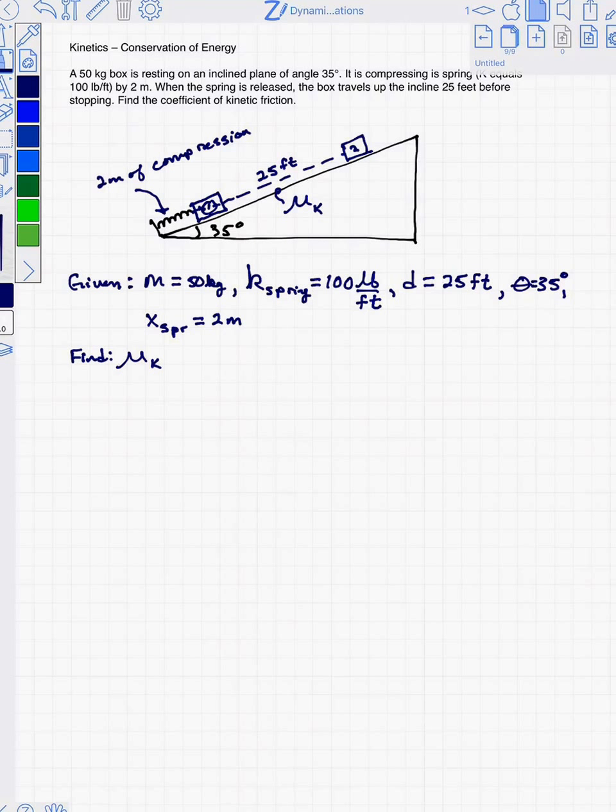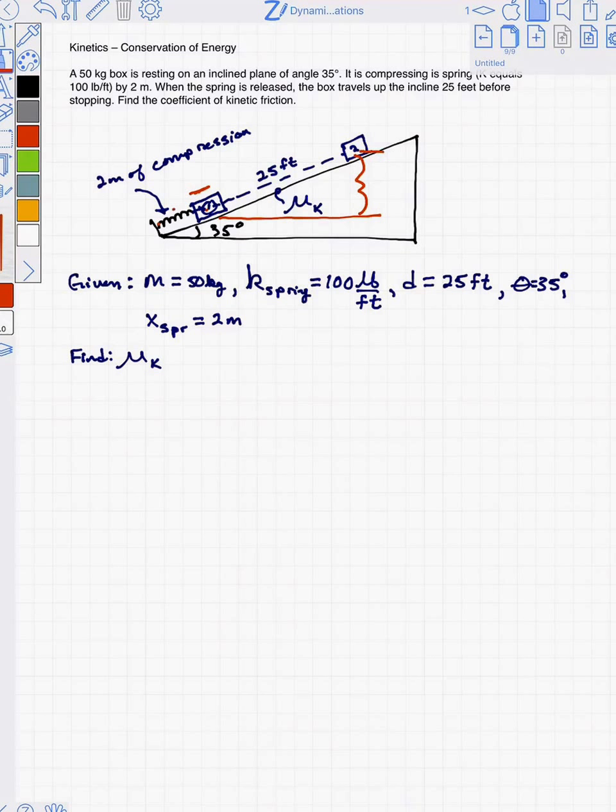So from an energy perspective, let's see what's happening here. When the box is at its original position, it has this spring compressed, so it has a whole bunch of potential energy. And then as the box travels up the incline, some of that spring potential energy is converted into gravitational potential energy. In other words, the box is going to end up at a higher potential energy.